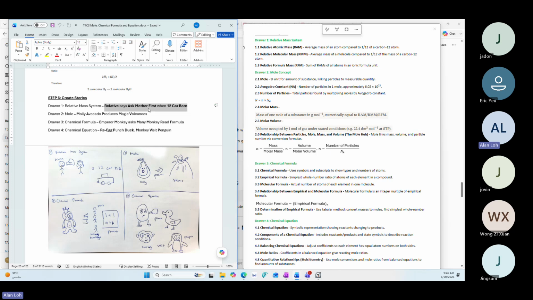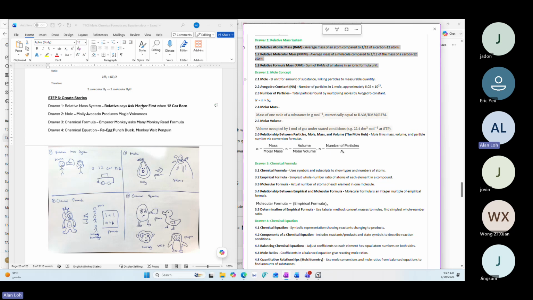And what is F? F is I put it as formula, right? So you have RAMF. So relative atomic molecular formula. Atomic is ask, molecular is mother, and formula is first. So this will help you to remember there are these three definitions or these three relative mass systems that are taught in this drawer.